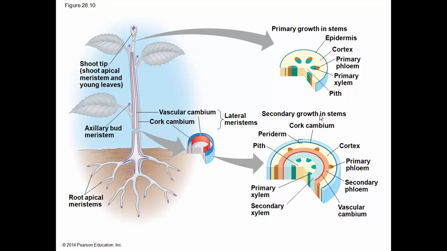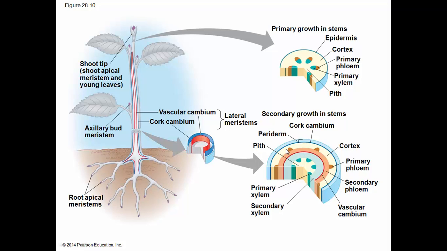The secondary growth in stem has the same basic structure here, but it's more complicated. The pith is on the inside of the structure, and the cortex is on the outside of the vascular tissue.